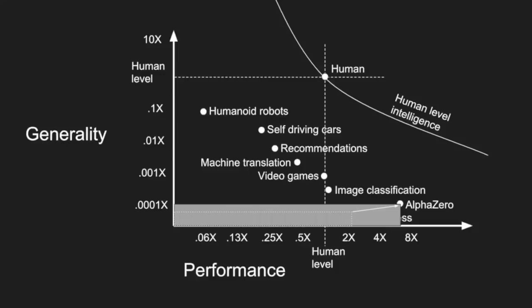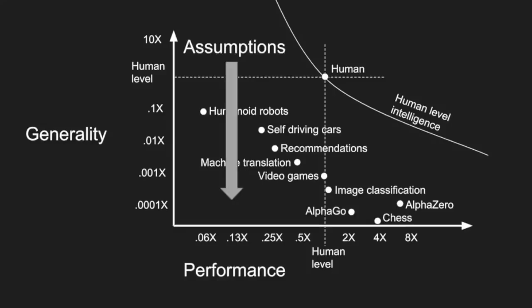So it's worth taking a moment and thinking about what allowed us to step in this direction. Well, AlphaZero made many fewer assumptions about what was going on. And it also was able to practice as many times as it needed to through self-play. In general, assumptions are what prevent generality.